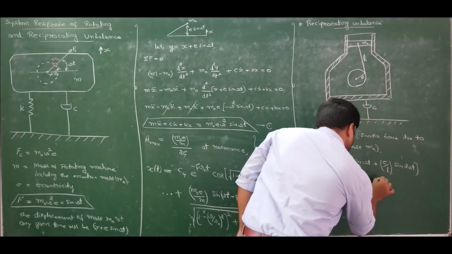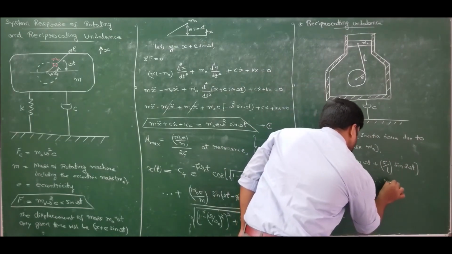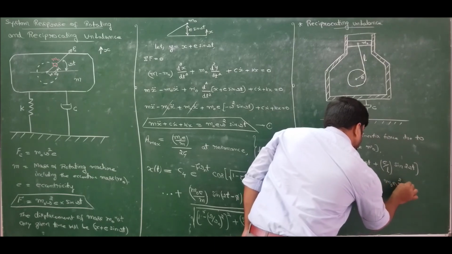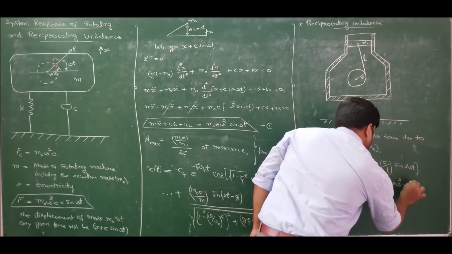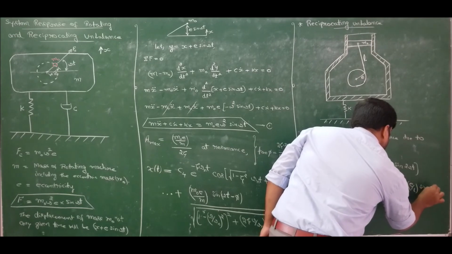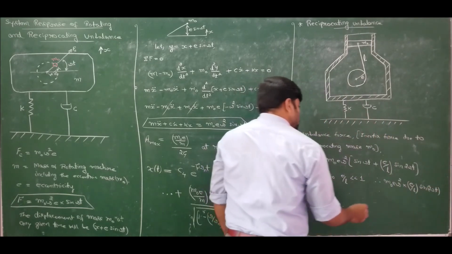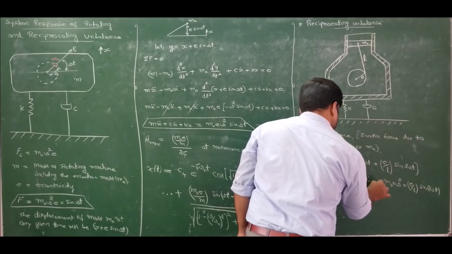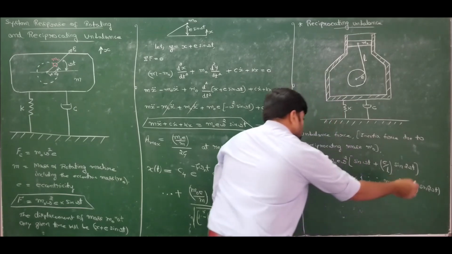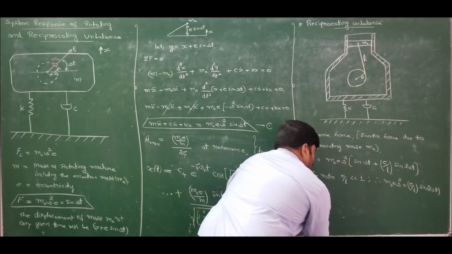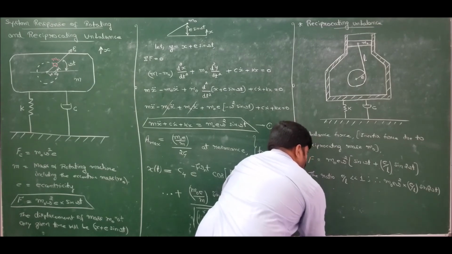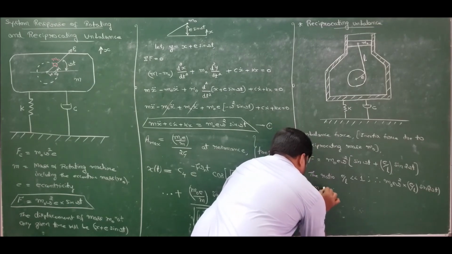So m0 E omega square into E by L sin 2 omega t can be neglected. The second harmonic m0 E omega square into E by L sin 2 omega t can be neglected.